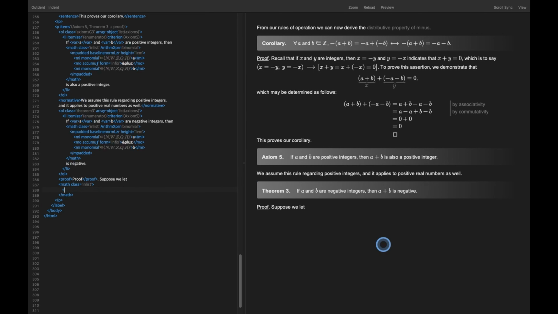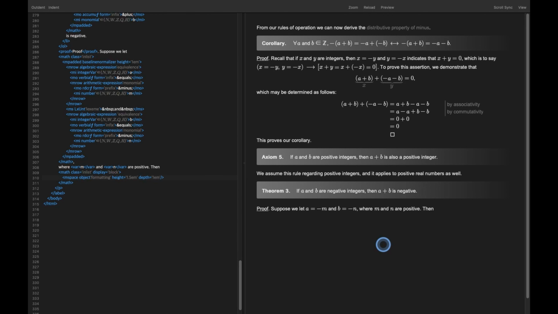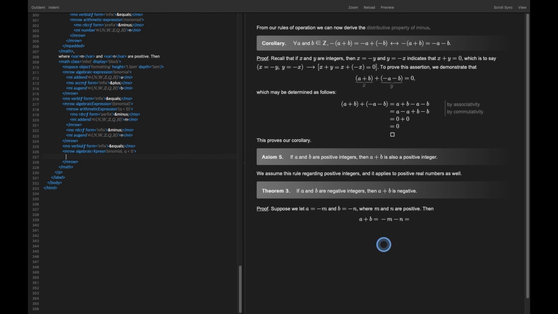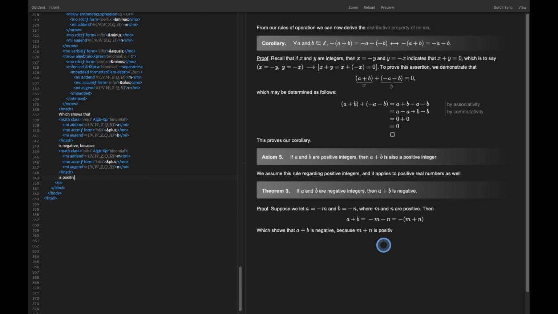We can prove Theorem 3 simply by letting a equals minus m and b equals minus n, where m and n are positive. Then a plus b equals minus m minus n, which equals, by the distributive property of minus, minus quantity m plus n, which shows that a plus b is negative because m plus n is positive. And we're done.